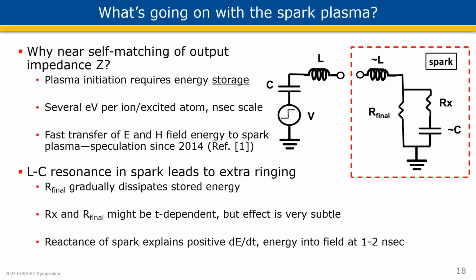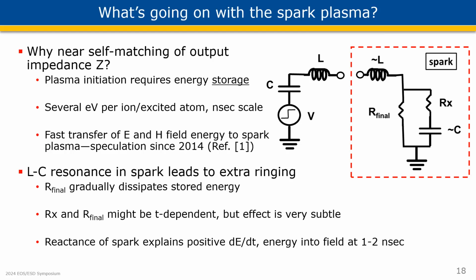But we know from atomic physics and plasma physics that initiating that plasma is going to create some energy storage as we create ions and excited atoms, and they have nanosecond lifetimes. That's all not a big surprise, and you expect to apply a voltage and see some time delay before you have a current. So current lagging the voltage, that's the definition of an inductor. So the inductance is certainly hard to escape here.